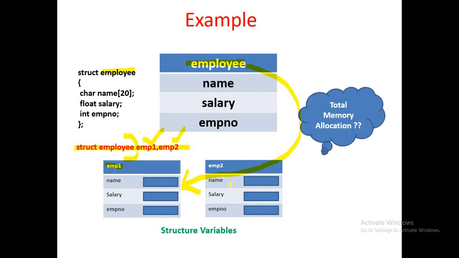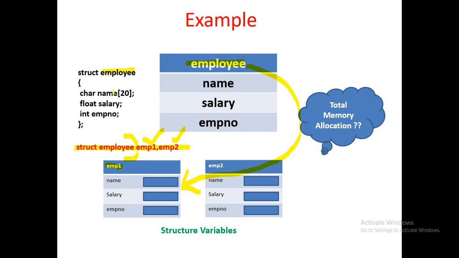And so what is the total memory allocation now? Because it consists of different data types, we calculate the memory based on the kind of data we are storing. Here first we are storing character, and then float and integer. So now the question is, what is the total memory allocated for this employee, that is employee 1 and employee 2?